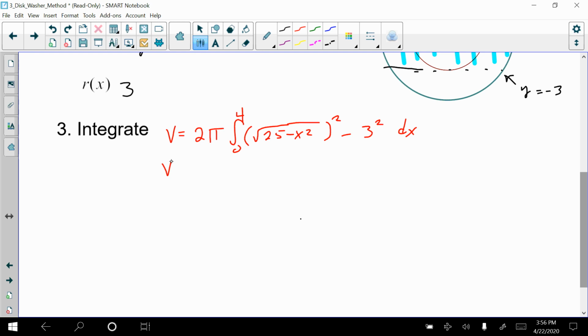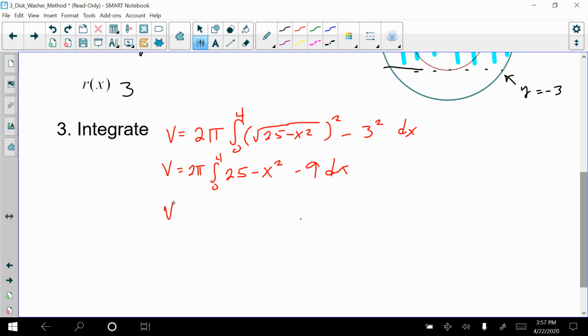So let's see what we get. Here I'm going to have 2 pi, definite integral, 0 to 4. When I square the first parentheses, that's just going to give me 25 minus x squared, and then minus 9 dx.